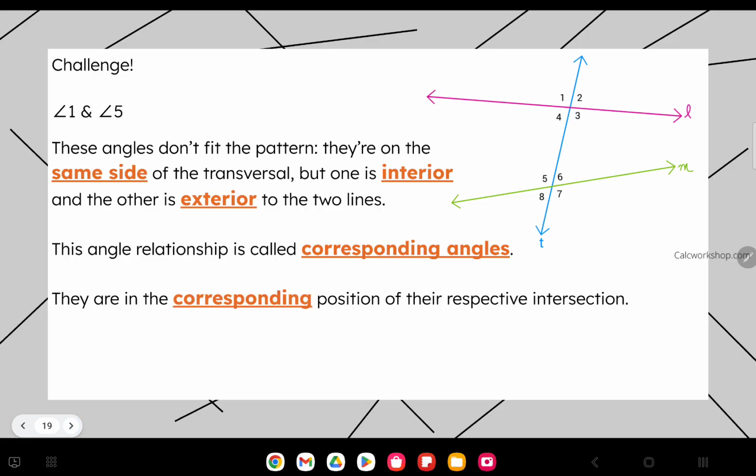They're called corresponding angles because they are in the corresponding position of their intersection. So they're both on the left side of the street and on top of their wall.